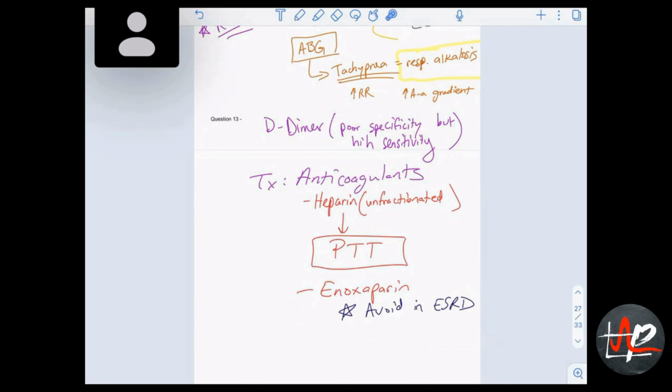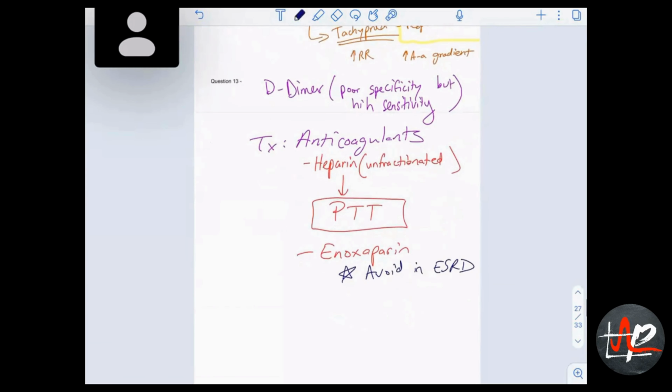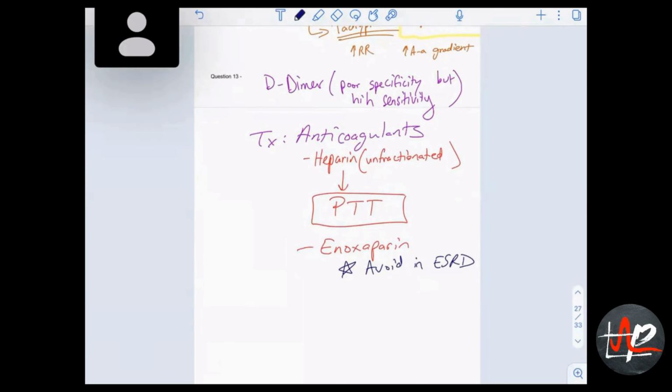That's a really good TQ to know, because a lot of teams in the hospital like to use enoxaparin rather than heparin because you don't have to titrate it. But the reason why we use heparin is because almost all of our patients have some form of kidney disease, being that they're vasculopaths. And so that's why we use the unfractionated heparin for basically all of our patients. But enoxaparin is just way more convenient because you can just administer it and not have to track a PTT level or anything like that.